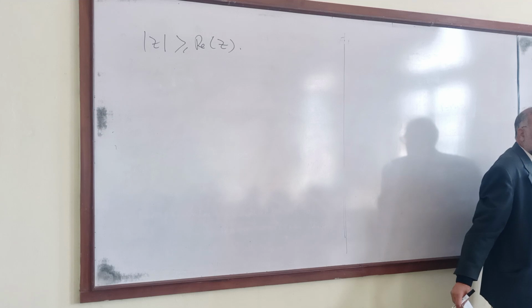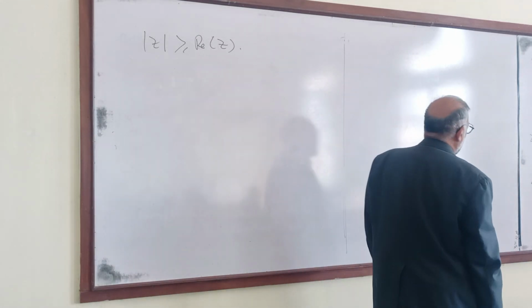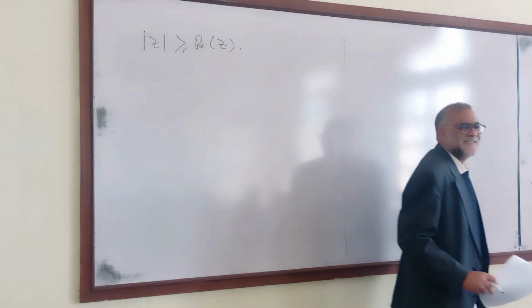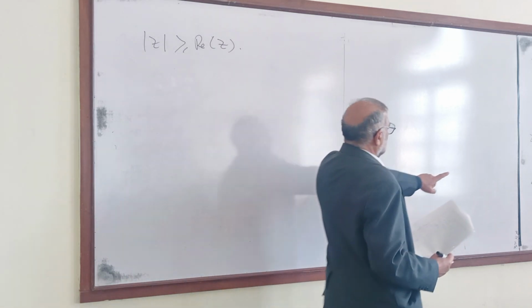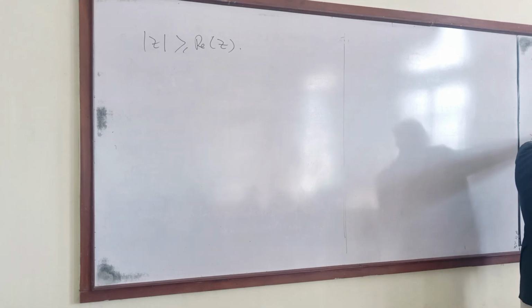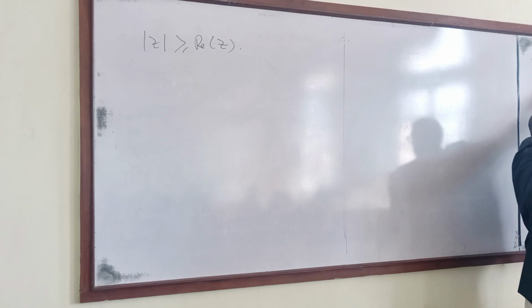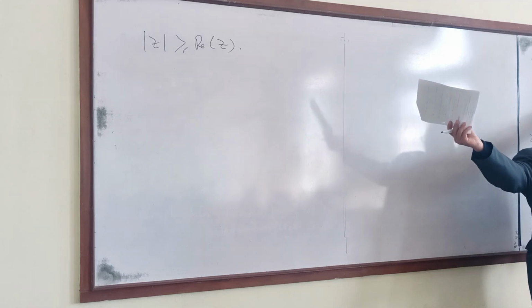If it is not equal to 0, then it is greater than x. The modulus is the square root of x square plus y square, so that is always greater than or equal to x. So it is equal if y is equal to 0. Therefore, there is an equality sign.